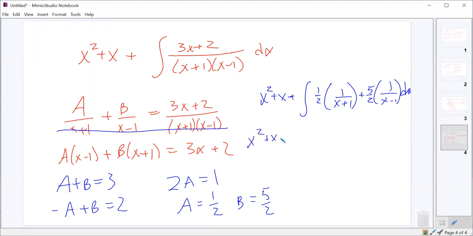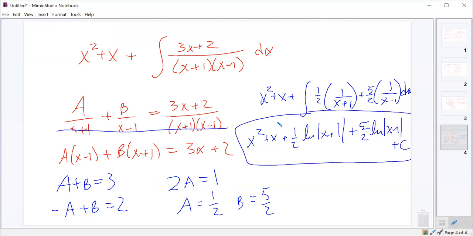So we got x squared plus x plus 1/2 natural log absolute value x plus 1 plus 5 halves natural log absolute value x minus 1 plus your constant. And that's the basic idea behind your rational function integrals. Everybody good with those?